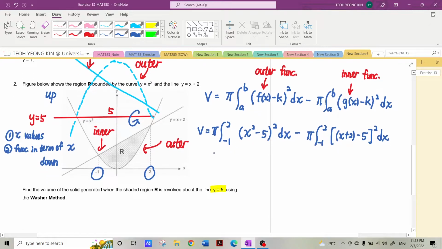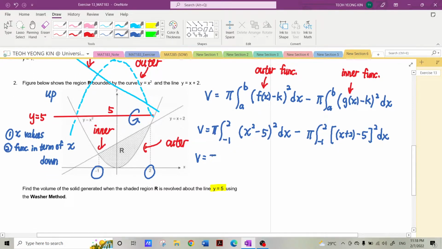So here I can try to expand. Volume equals pi, integration from -1 to 2, (x squared minus 5)(x squared minus 5) dx, minus pi, integration from -1 to 2. If I simplify this part, 2 minus 5 is -3, so here is (x minus 3), (x minus 3), twice because we have the power of 2.